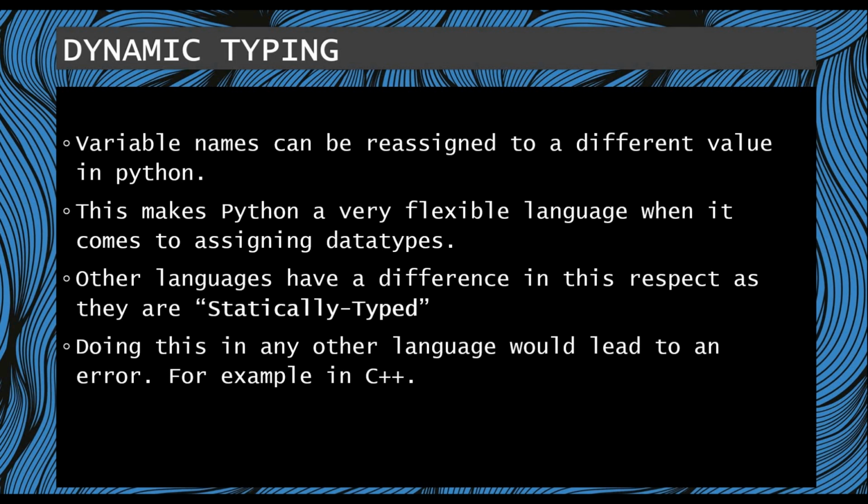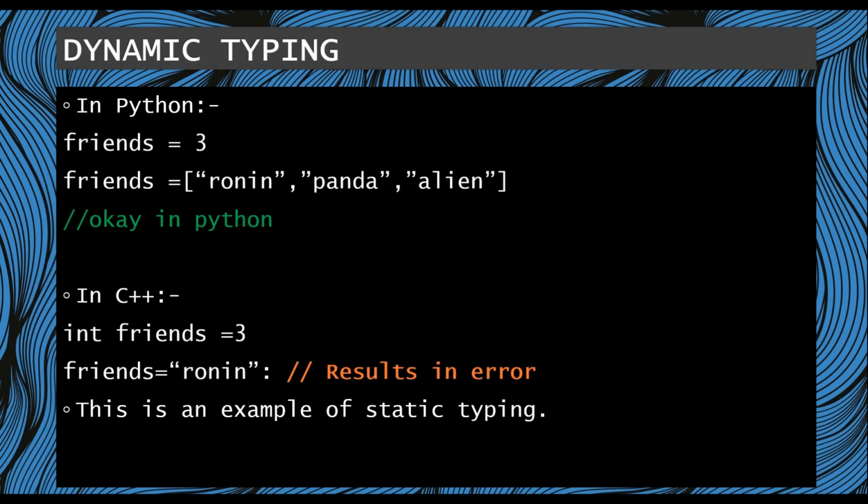In other languages we have a difference in this respect, as they are statically typed, as I already told you through the example. You can go through this example once again, type it out in your editor and find out why this does not work. It will always throw a data type error in C++ or Java or C#, in any language apart from Python.